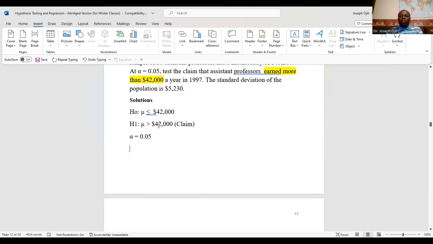This one has only one side, the right tail. So we're gonna use the critical value Z alpha. We're not gonna do alpha over 2 because it is not a two-tailed test, but just use alpha.